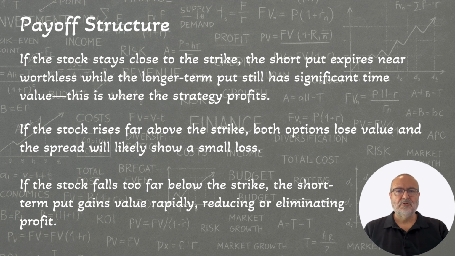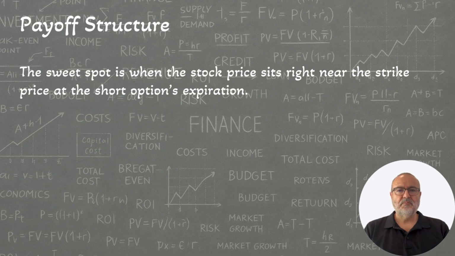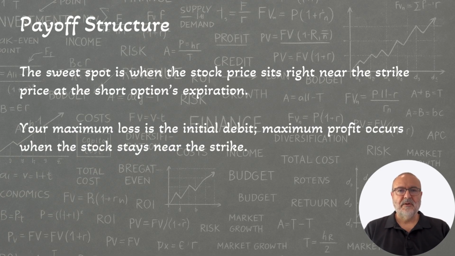If the stock falls too far below the strike, the short-term put gains value rapidly, reducing or eliminating profit. So, the sweet spot is when the stock price sits right near the strike price at the short option's expiration. Your maximum loss is the initial debit. Maximum profit occurs when the stock stays near the strike.